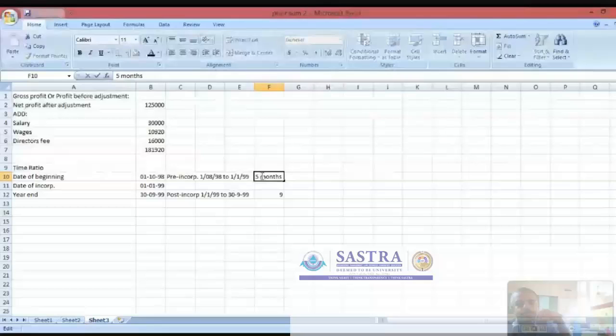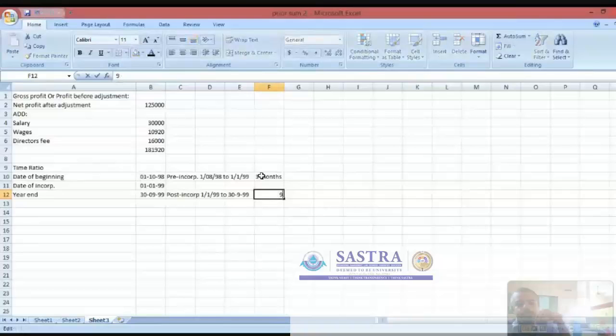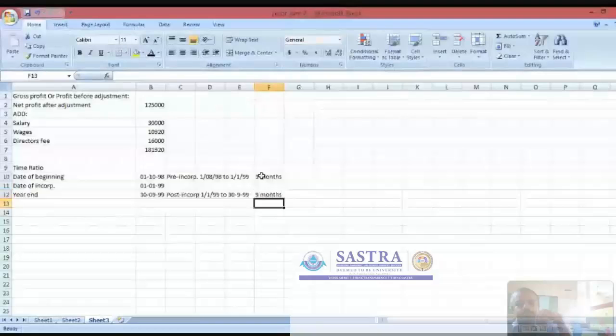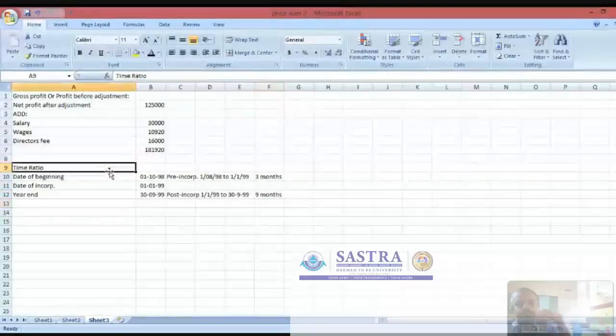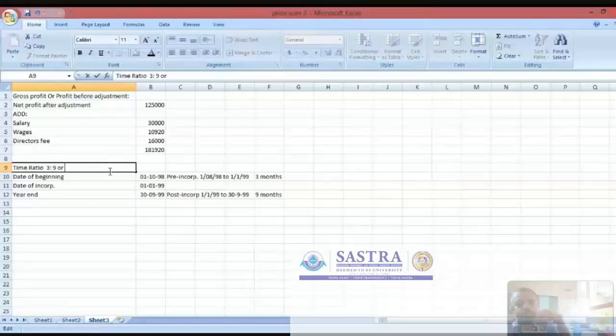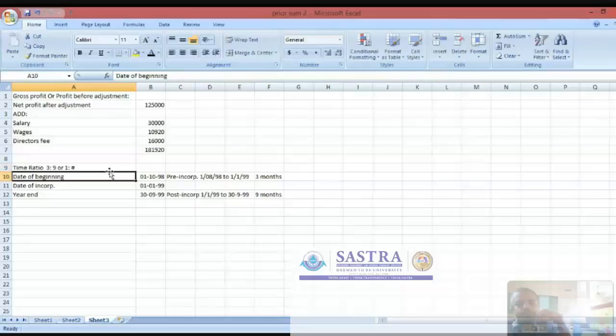This is going to be 9 months. So the time ratio is going to be 3:9 or 1:3. 1:3 is going to be the time ratio.